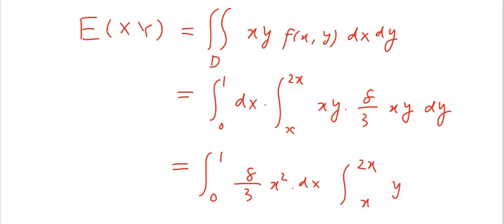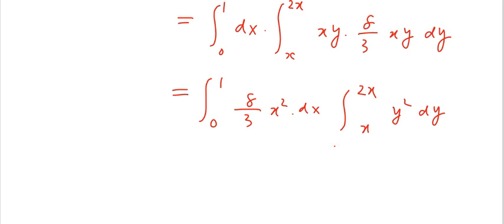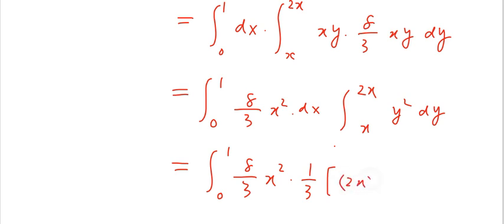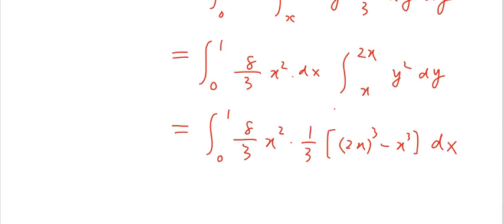Integrating for y, we get y cubed, 1/3 of this, so 2x cubed minus x cubed, dx.